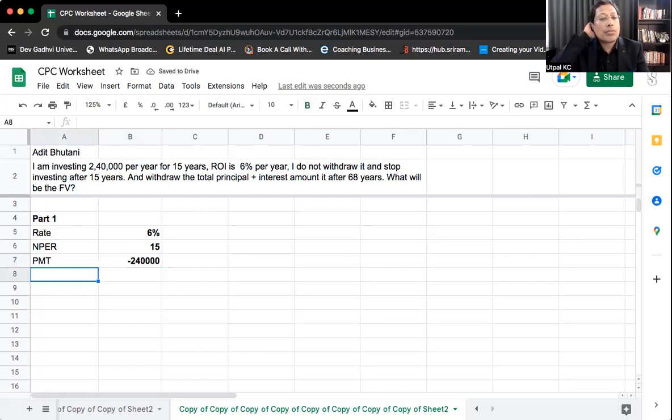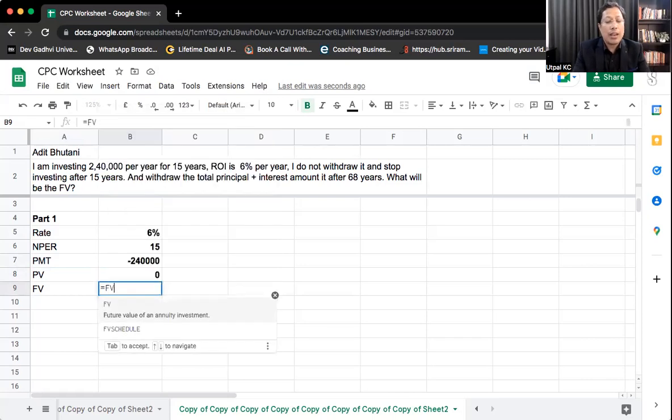PV is 0. Future value. The first stage is that after 15 years, how much it will become. Adit, this is the first step. First step is after 15 years, how much it will become. That is equal to FV.